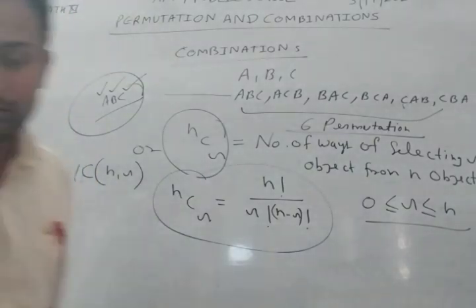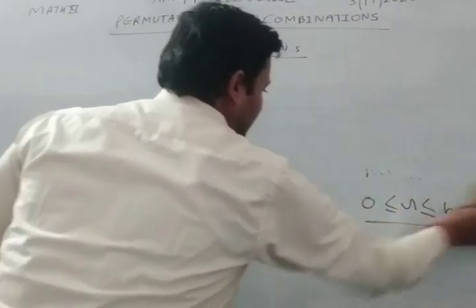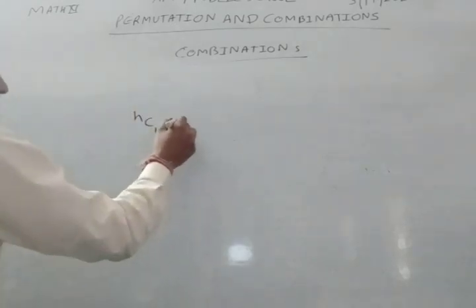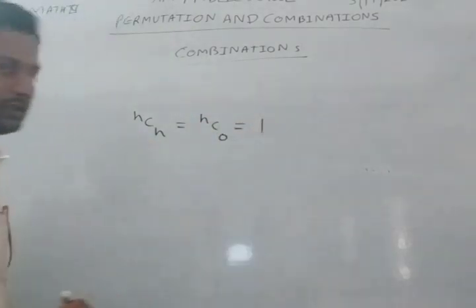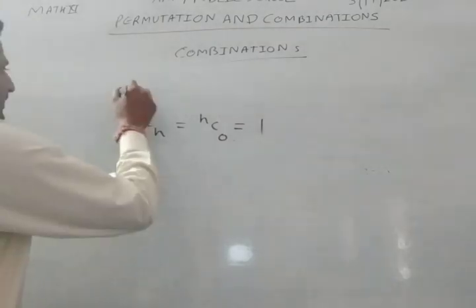Now we will see some properties of combination. Suppose nCn is equal to nC0, which is equal to 1. We always use nC0 = nCn = 1, and this is a remark.